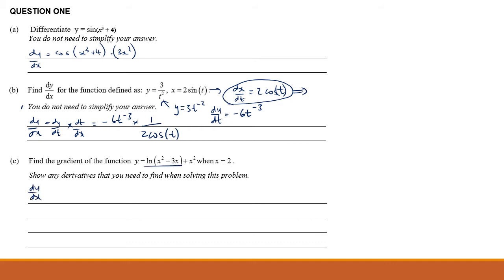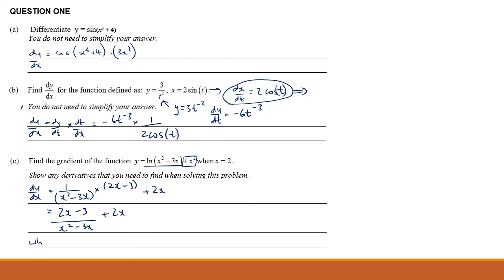Now log goes to 1 over log, but remember I have to differentiate that bracket, which is going to be 2x minus 3, and then don't forget this plus 2x there. So if I write that a little bit nicer, that's going to be 2x minus 3 all over x squared minus 3x plus 2x.